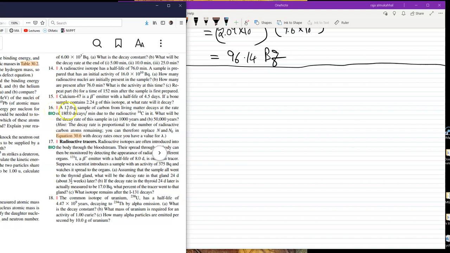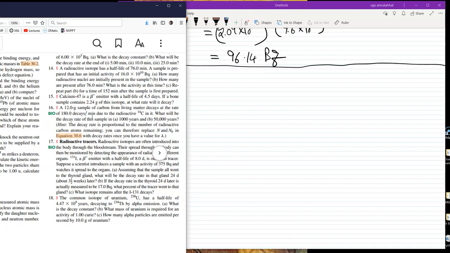Do you see it? Okay, it says a 12-gram sample of carbon from living matter decays at a rate of 180 decays per minute. Oh yeah, the book talks about carbon dating, so please read that. What is that? That's the activity rate, R, per minute.